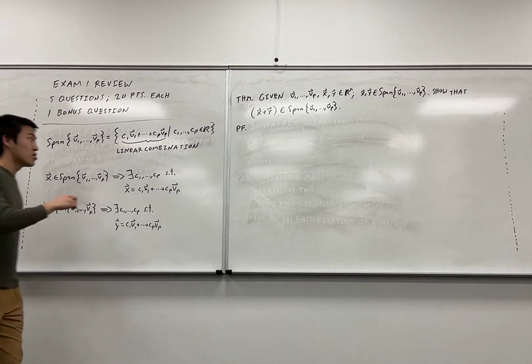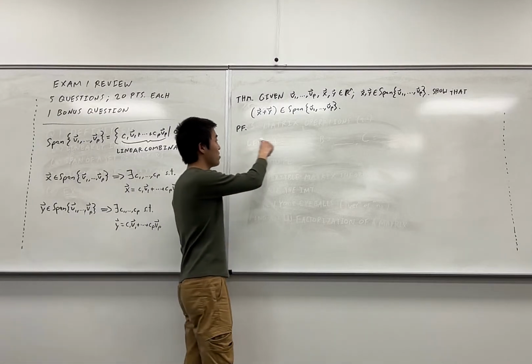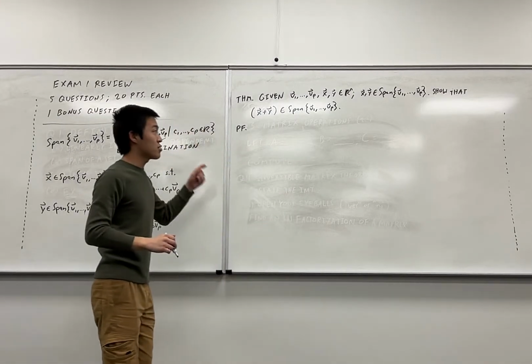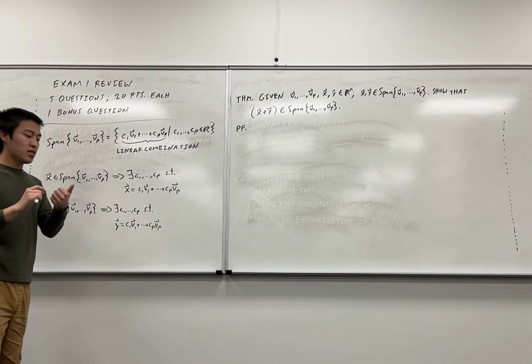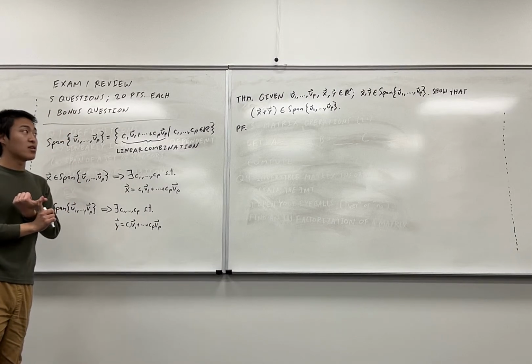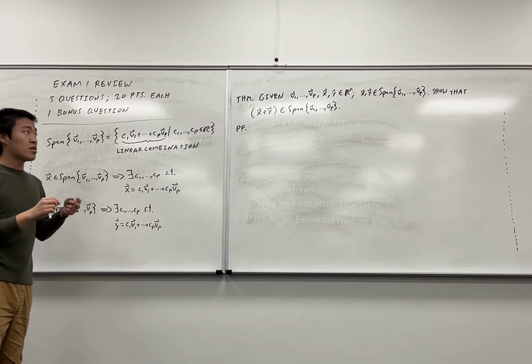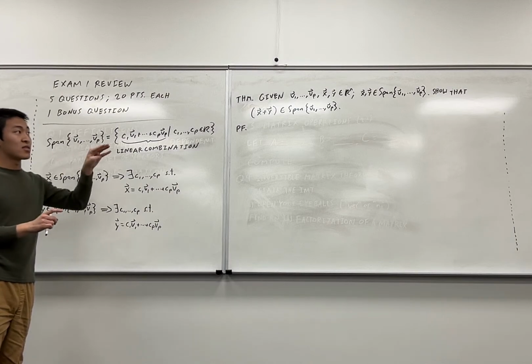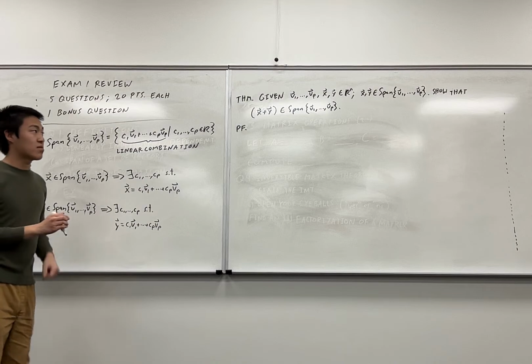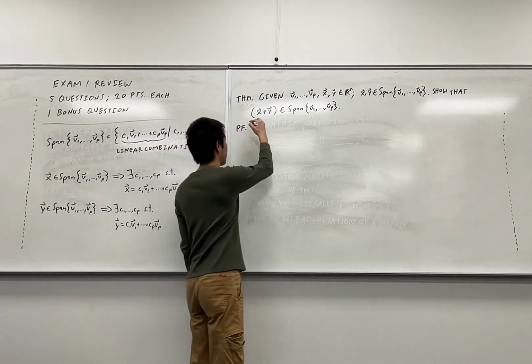Yeah? So in order to even begin this proof, in order to show this to be true, I need to call in a set of vectors v1 through vp. That's the first thing I need to do. I need to call in 2 other vectors, x and y, in Rn, specifically these 2 vectors being in the span of that previous set. So I can do that this way.